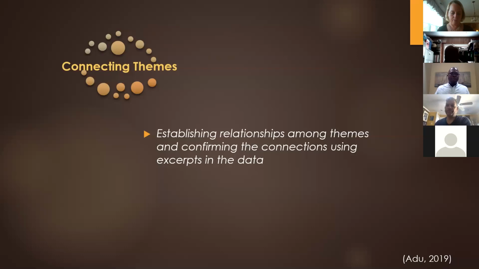So after you have done everything, let's assume you have developed your themes. What next? Normally you move to the connection part when you realize that the individual themes cannot independently address your research question.